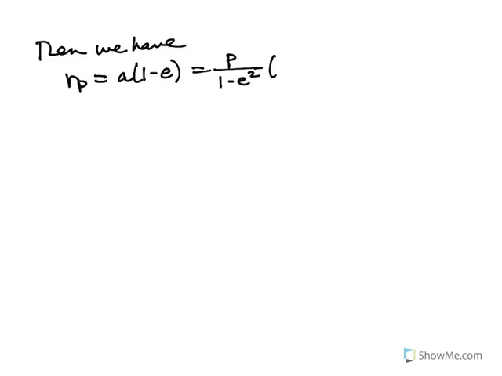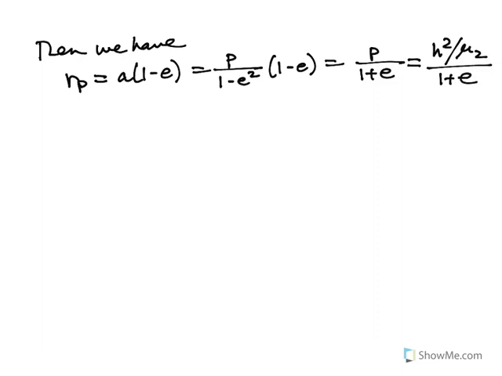So a bit of this is a little bit of restatement, but we know that Rp has to equal A times 1 minus E, which is equal to P over 1 minus E squared times 1 minus E, which is equal to P over 1 plus E. And that has to equal h squared over mu 2, all divided by 1 plus E, where we recall that mu 2 is the gravitational parameter of planet 2.